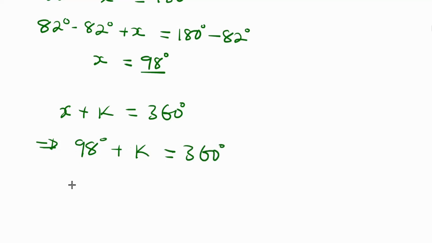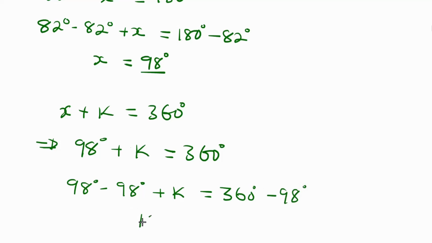So we have 98 degrees plus K being equal to 360 degrees. Let us now collect the terms. So 98 degrees minus 98 degrees plus K that we are looking for equals 360 degrees minus 98 degrees. On the left hand side, we are remaining with K alone, equal to 360 degrees take away 98 degrees.